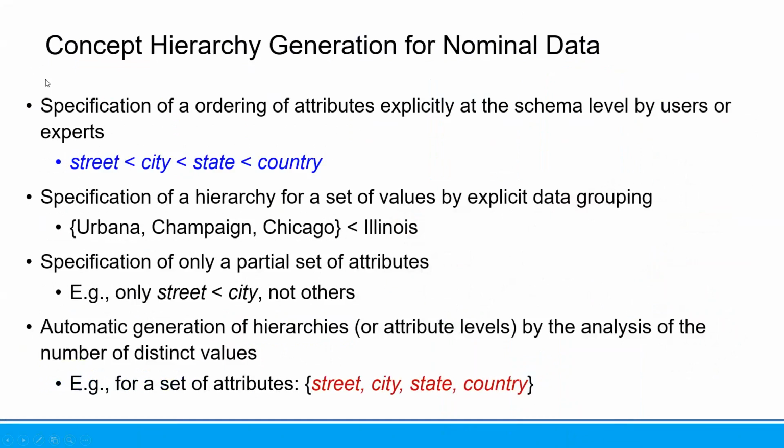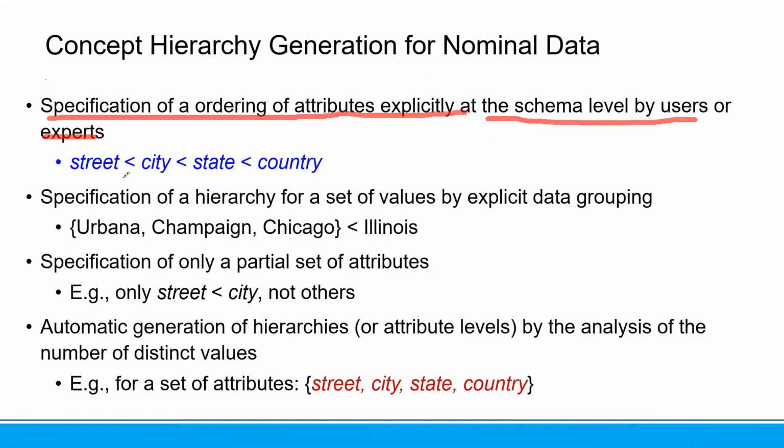If it is based on nominal data, then we can see the order of attributes: specification of an ordering of attributes explicitly at the schema level. And it is based on the users or the experts.